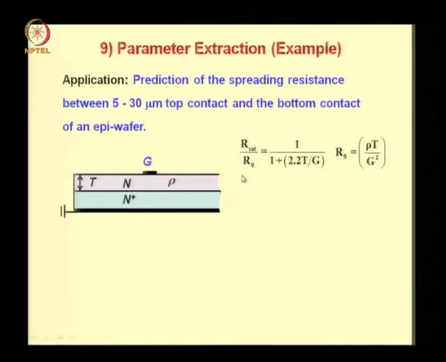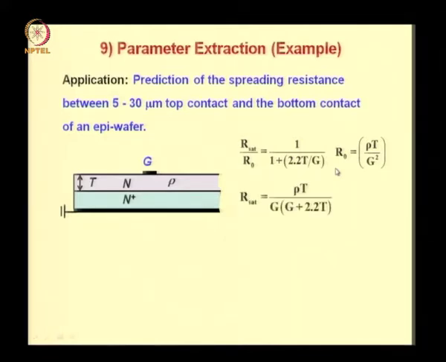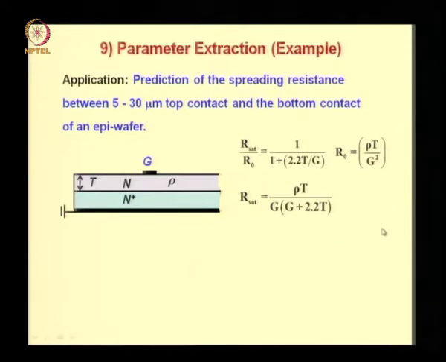Now, the formula for RSAT is given by this expression, which is repeated from our previous slides, and this can be recast in the form of this equation. You can easily see that.